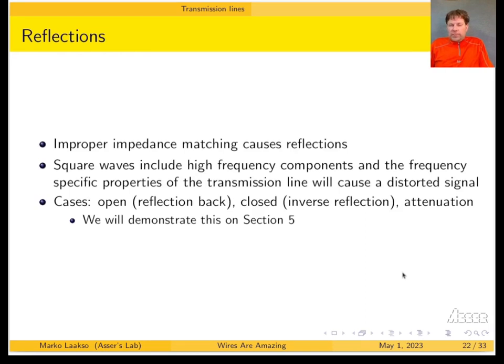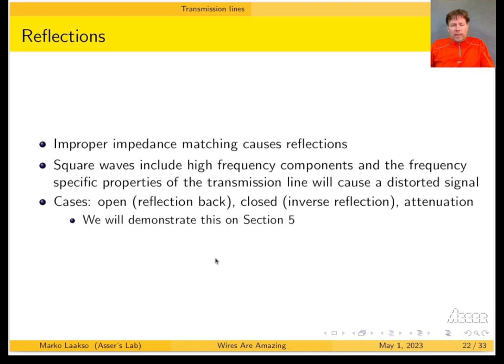The reflections. There's some variation in impedance along the transmission line or your circuit path. The improper impedance matching causes these reflections. A square wave includes high-frequency components, and the frequency-specific properties of the transmission line will cause a distorted signal. Then we can have a look at these in practical examples.